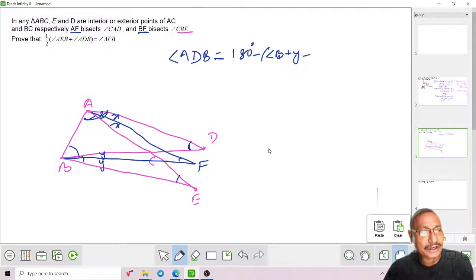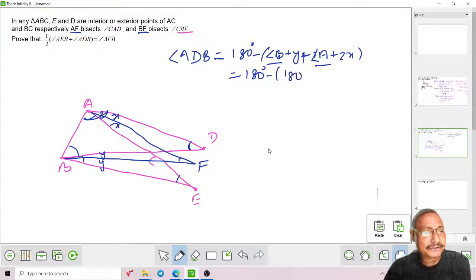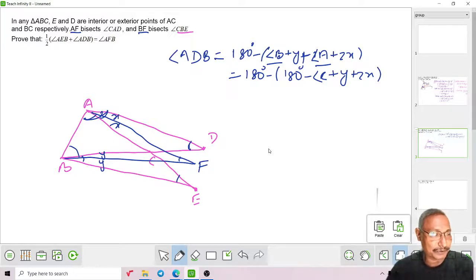So we can write this one as angle A plus 2X. Again we can use the same thing, and we can write this one as 180 degrees minus C plus Y plus 2X.